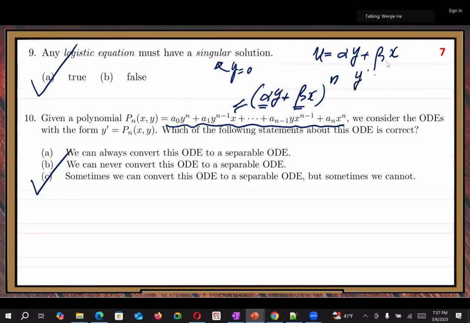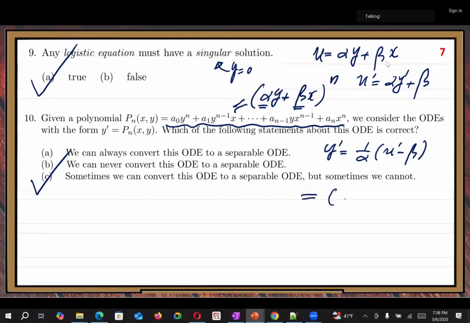So u prime equals alpha y prime plus beta, right? So then y prime equals 1 over alpha times u prime minus beta. That equals this function u to the n, right? So that's separable.